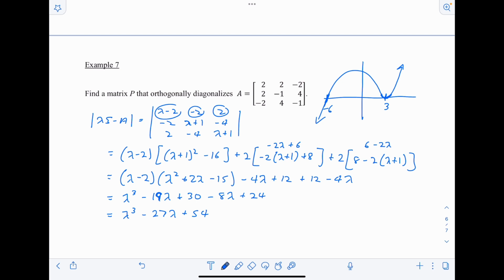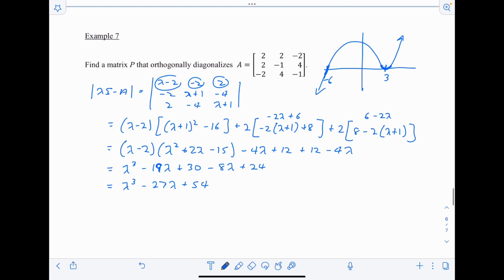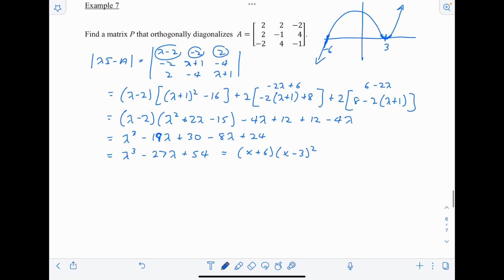So if it touches 3, that tells me it has multiplicity 2 at 3 and multiplicity 1 at -6, and that's going to give us our 3 zeros. So this factors as x plus 6 and x minus 3 squared, giving us our eigenvalues of lambda 1 equaling -6 with multiplicity 1, and lambda 2 equaling 3 with multiplicity 2.